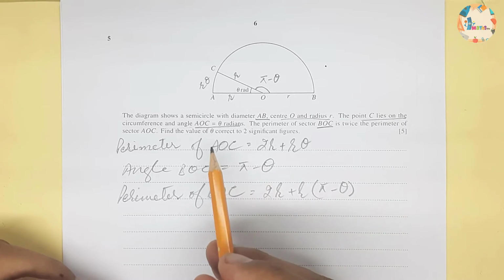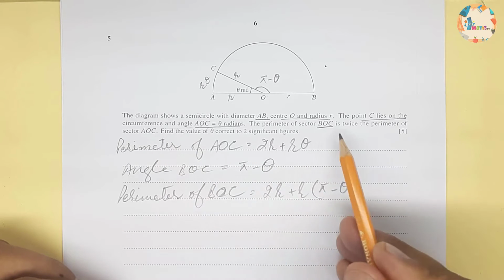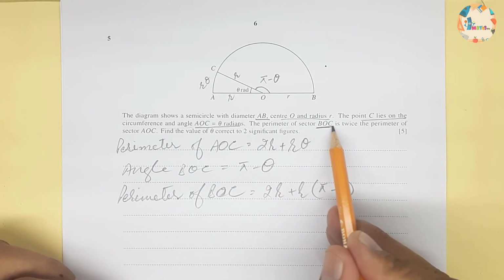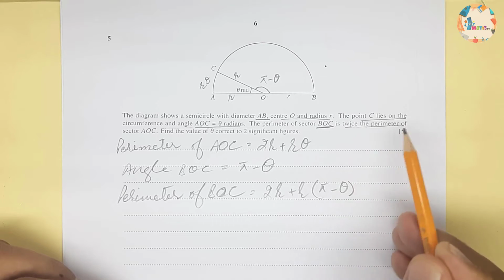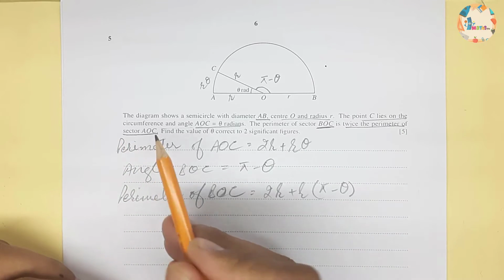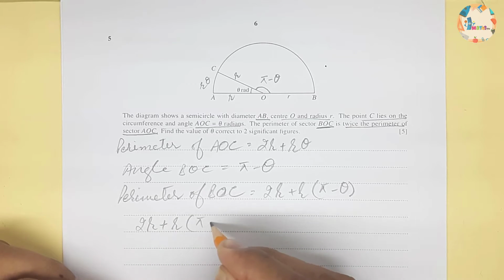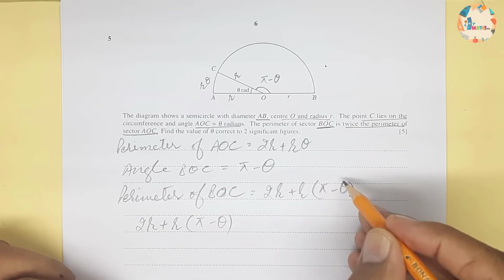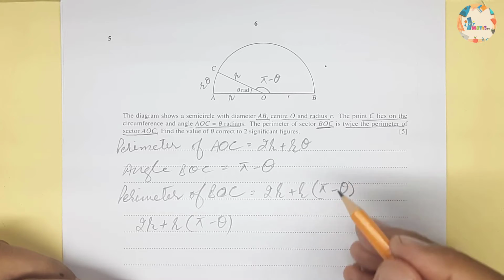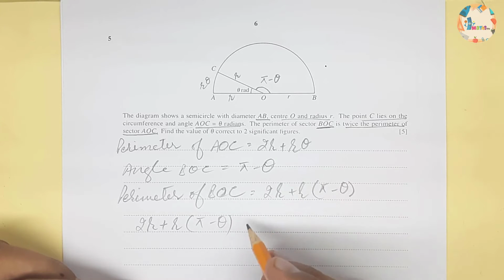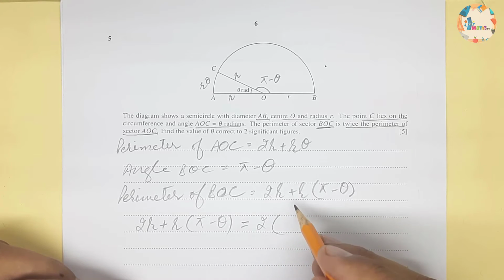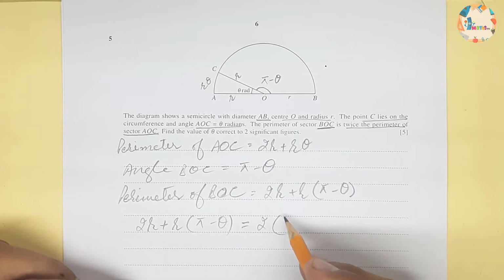Now according to the condition of the question, the perimeter of the sector BOC is twice the perimeter of the sector AOC. So we will write 2r plus r into pi minus theta, which is the perimeter of BOC, is equal to twice the perimeter of this one, so 2r plus r theta.